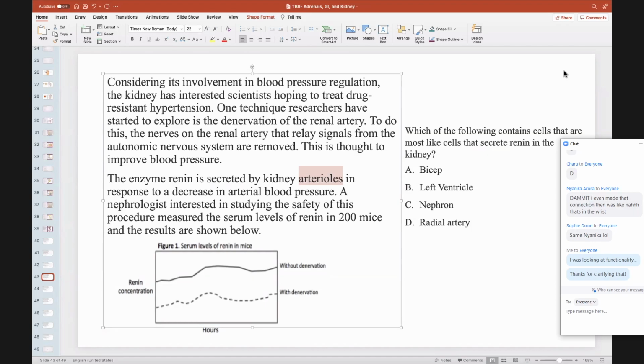Is radial blood vessels from the heart? Not necessarily. You have a radial vein as well. So it's not far from the heart. You're thinking distal versus proximal. Proximal is close to the heart, distal is far from the heart. Radial is a specific artery or vein that is next to a bone in your forearm called the radius.